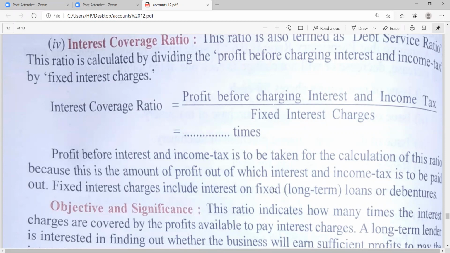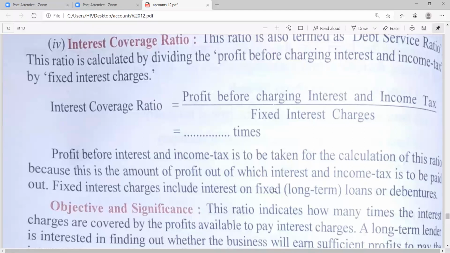It is to be calculated by dividing the profit before interest and income tax by the fixed interest charge. Don't forget the formula. And this ratio is not calculated as a proportion, it is calculated in times. Whatever answer you get, it will be in times.